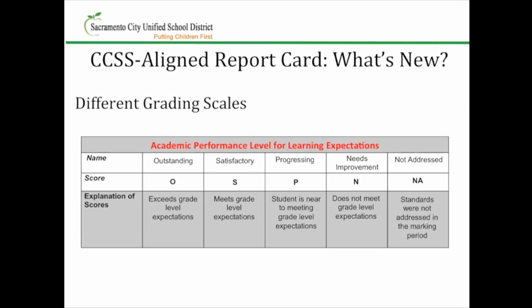We are advising teachers to provide 3 to 5 pieces of evidence to determine each mark of O for outstanding, S for satisfactory, P for progressing, and N for needs improvement. Note that the mark NA is used to indicate that certain areas were not addressed in that trimester or are not applicable to the grade level. These marks should not impact a student's overall mark in the area.